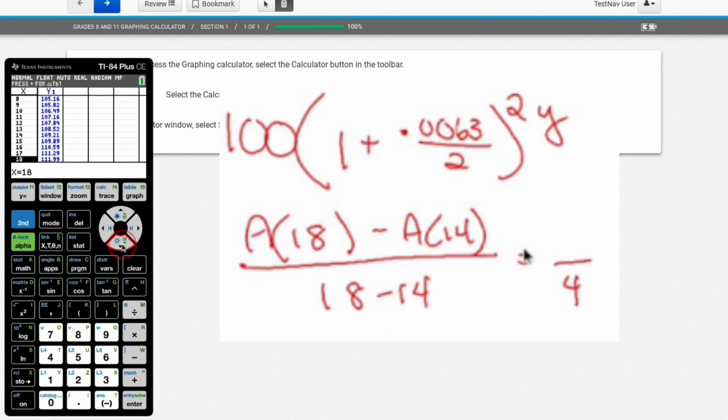A of 18 is 111.99. What a convenient number. And a of 14 is going to be 109.21. So let's go back, parentheses, 111.99 minus what it was at 14, 109.21.